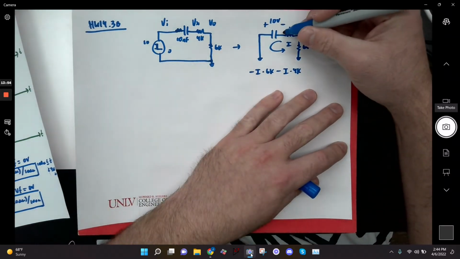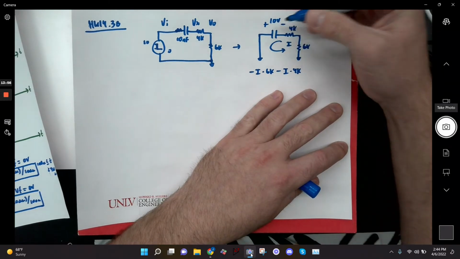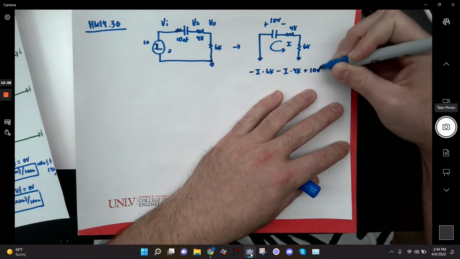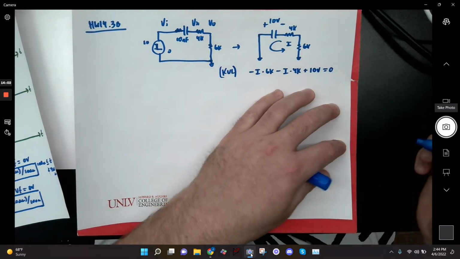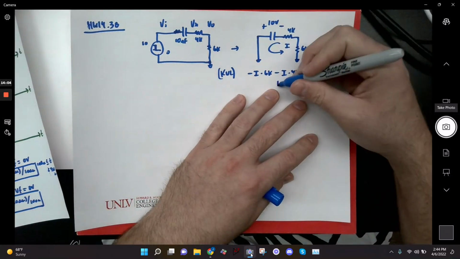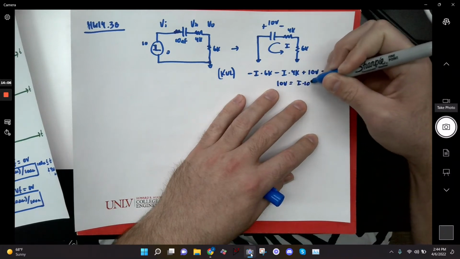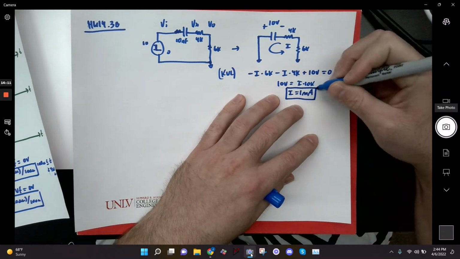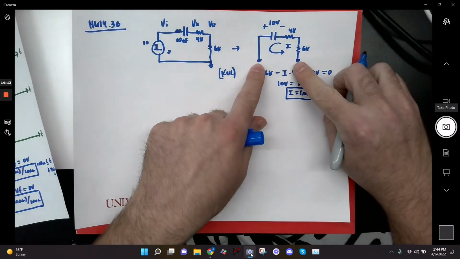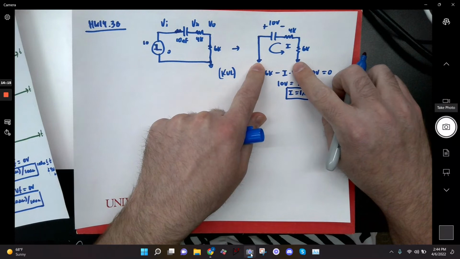So I'm going from this node to this node, I'm going up by 10 volts. So I'd write plus 10 volts equals 0. That's my KVL. All right? So if I rearrange, I get 10 volts equals I times 10K, and again I get I equals 1 milliamp. Note that I drew the current flowing the opposite direction this time because the capacitor is discharging, it's not charging.